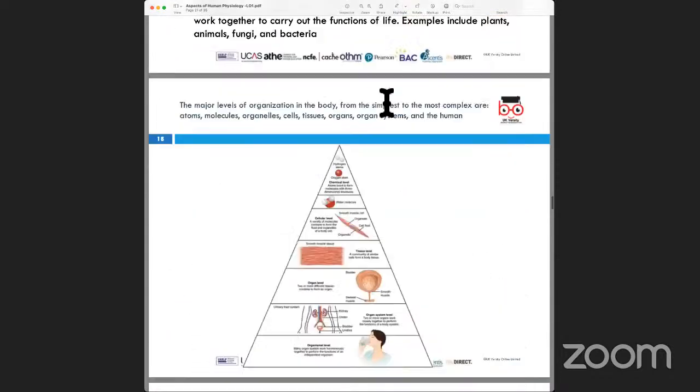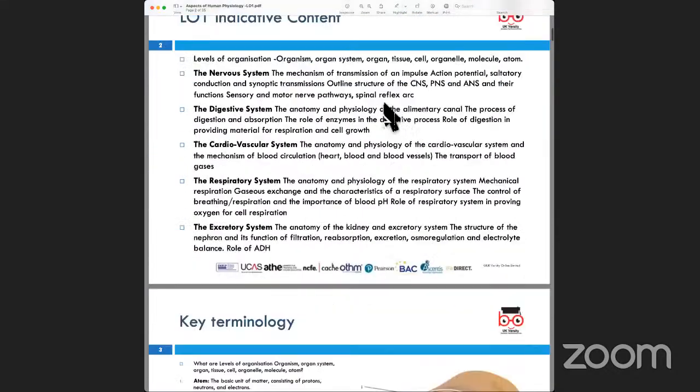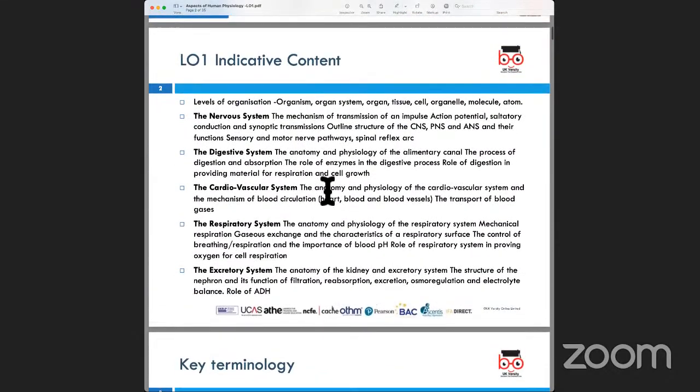So in the first learning outcome, if I just start from the beginning, we have discussed 7 different types of systems which are important, and then we've understood the level of organization in terms of how cells, tissues, organ systems, and finally an organism is formed.